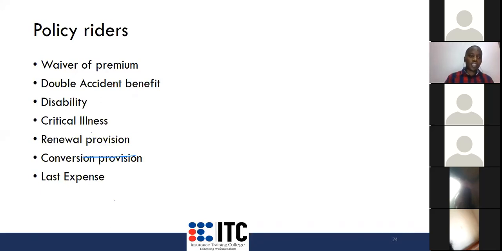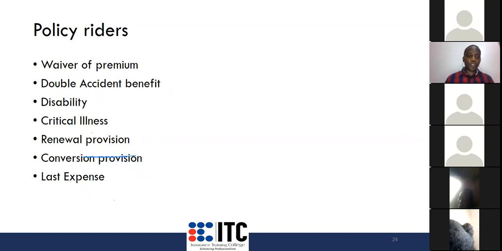So in the event that the policyholder is interested in such an arrangement, they can agree with the insurance company, in case the insurance company is offering this rider, for a policy to be renewed after the policy term is over, without any further underwriting requirements, especially medical.